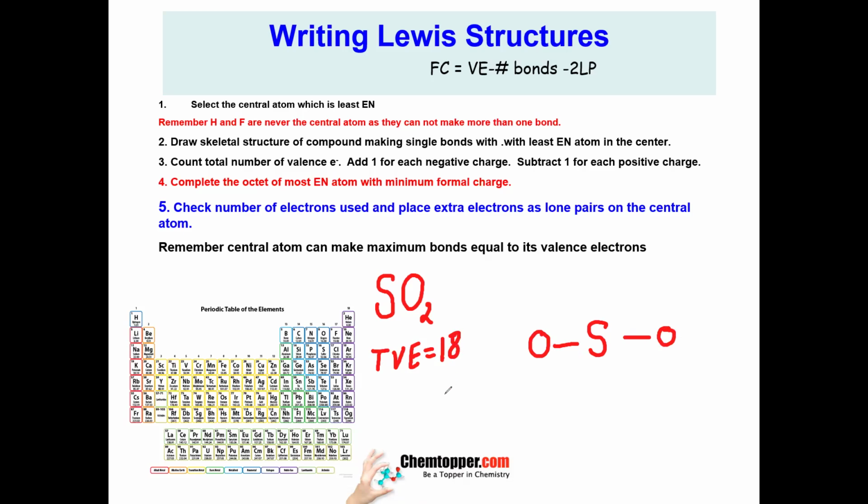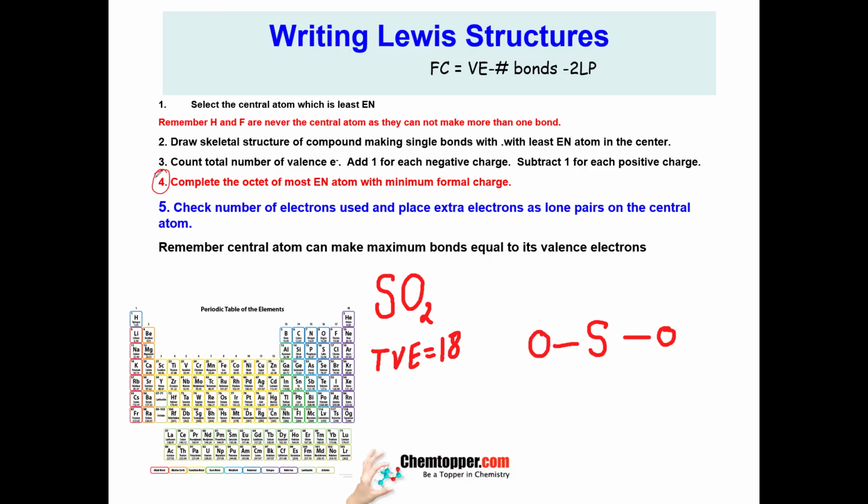Is she right? Kirtana is right. Suniti, just check. Aishwarya, Sarayu, no answers? No, okay, she's right. Okay, good. Now, complete the octet of the oxygen. Rule number 4, sorry. Complete the octet of the oxygen first with minimum formal charge.